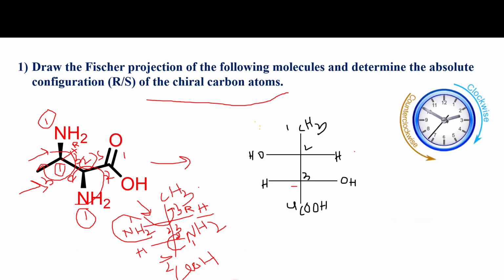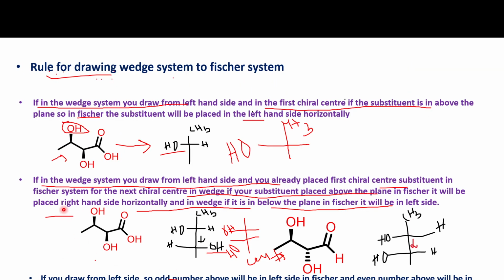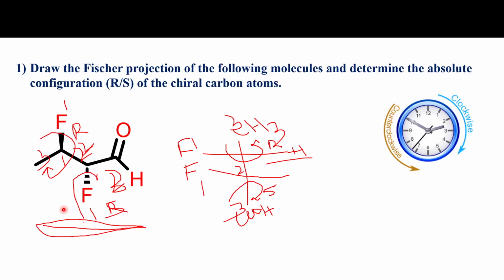It's too easy. Draw the Fischer, draw the OH bond to Fischer. With odd carbon it will be on the left side, with even carbon, above, on the right side. These two easy rules make the OH bond to Fischer configuration.